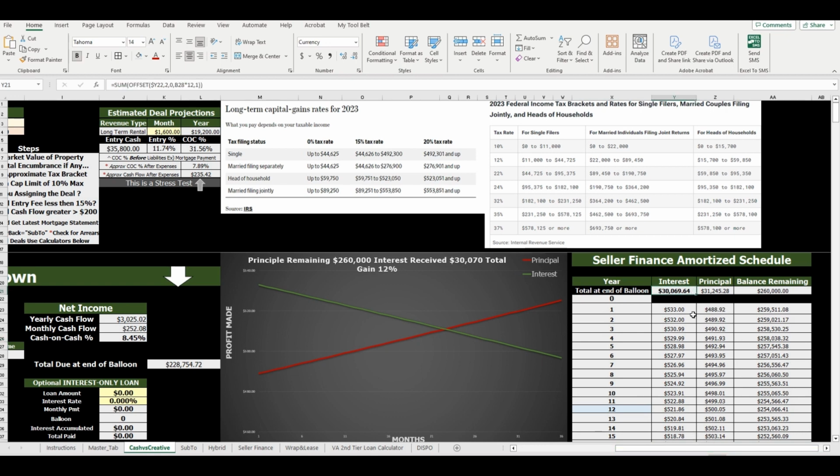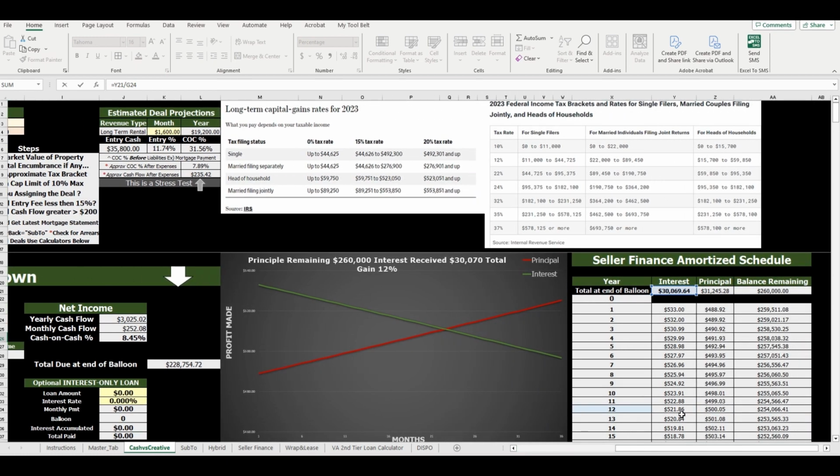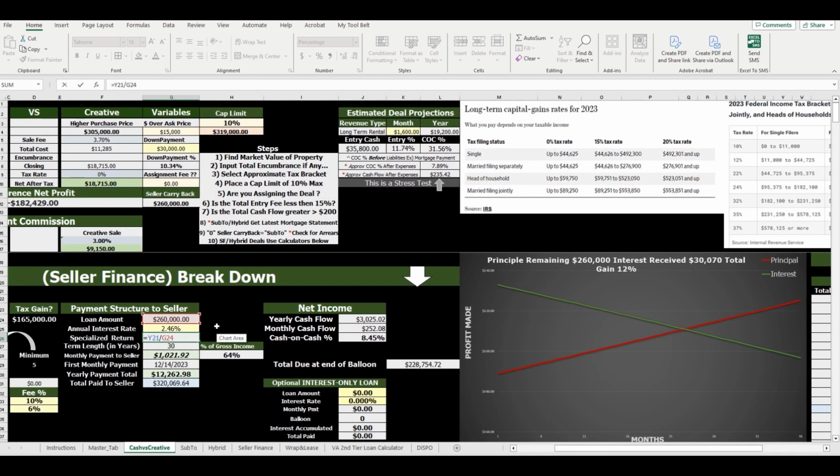In this case, it's $30,000 of total interest received by the seller over a 5-year balloon. And it is then dividing that from the loan origination amount. So we can see 260 as our denominator, and our interest amount received by the seller as the numerator.